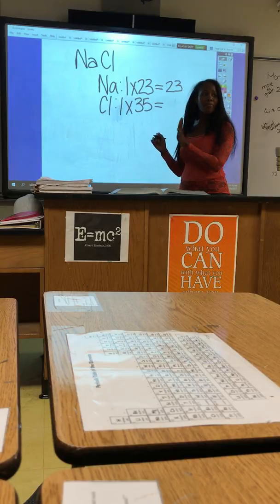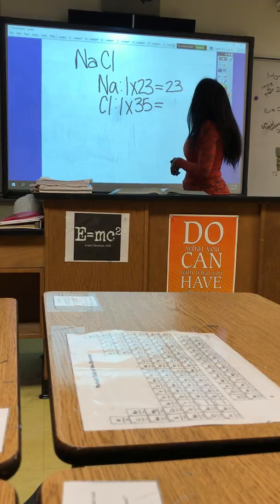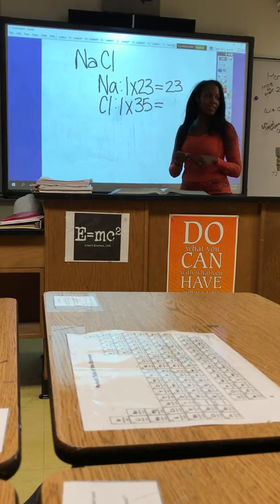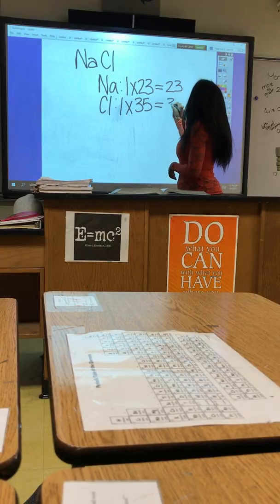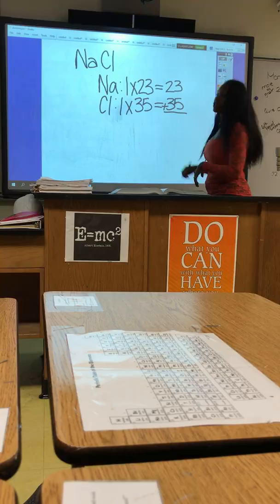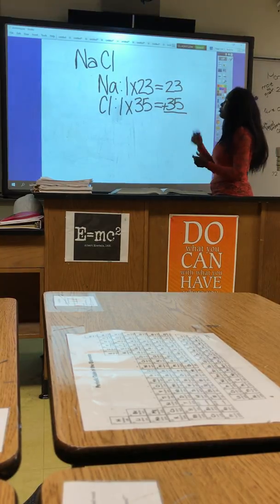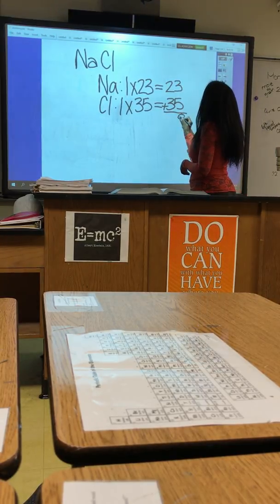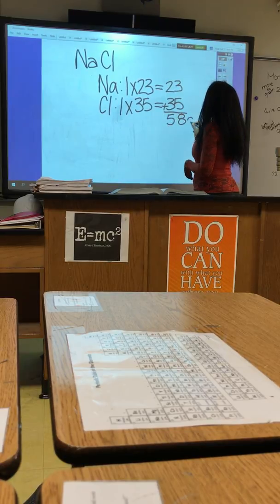Because the 4 comes after the decimal, it remains the same, so we keep it at 35. Added together is 58. All we're going to do is take these numbers and add them together. So right here we have 58 grams per mole.